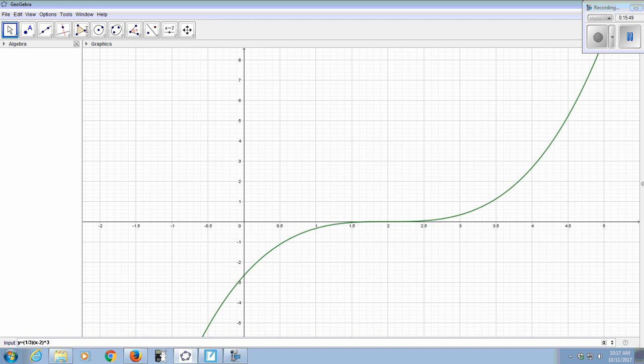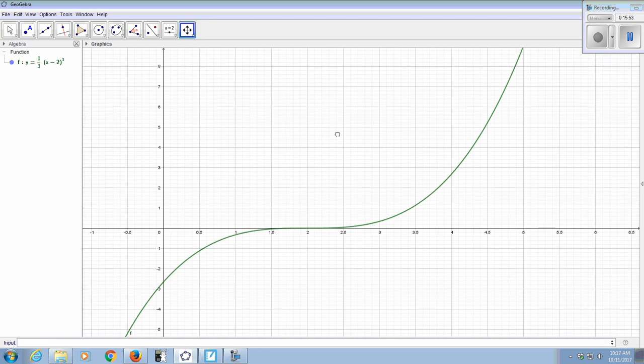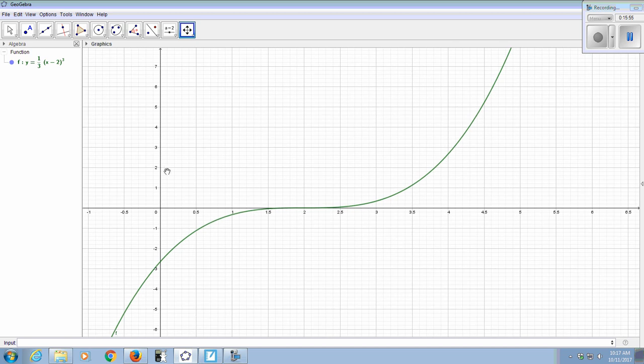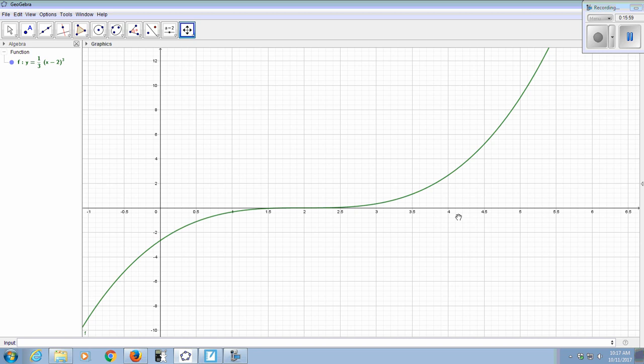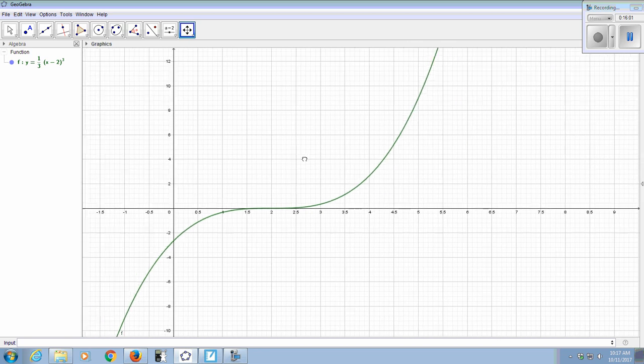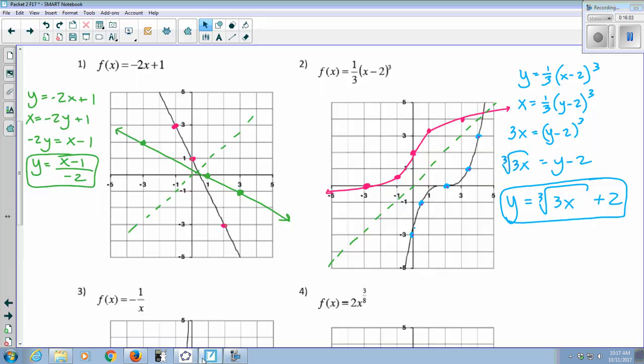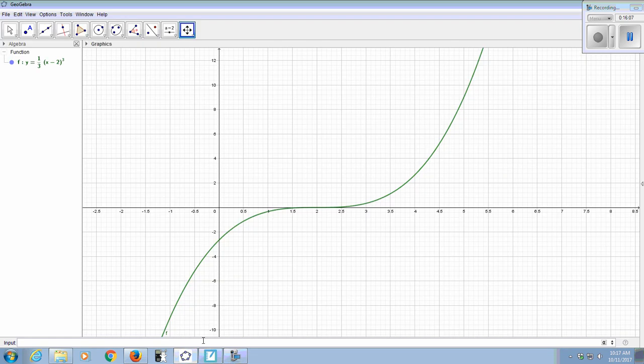All right, that looks like the graph we were given. All right, and then the inverse is the cube root of 3x plus 2.